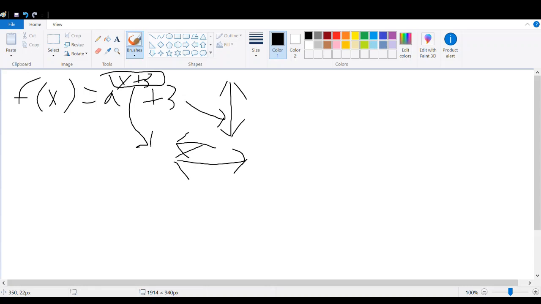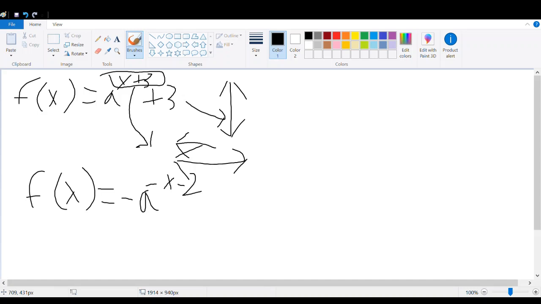And so now the reflections. I'm not going to talk about rotations because that's a bunch of geometry stuff, and this is not geometry, this is algebra 2. So there's two reflections that can happen. It can be outside, in front of the base, or it can be inside of the exponent, which should be like negative x minus 2.